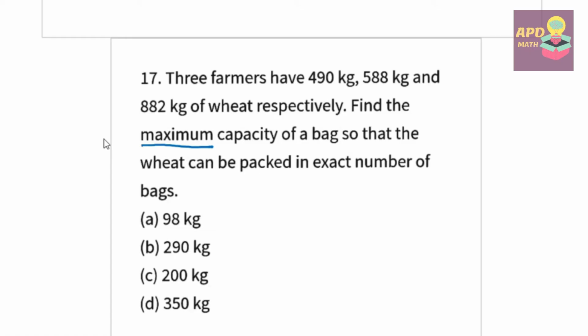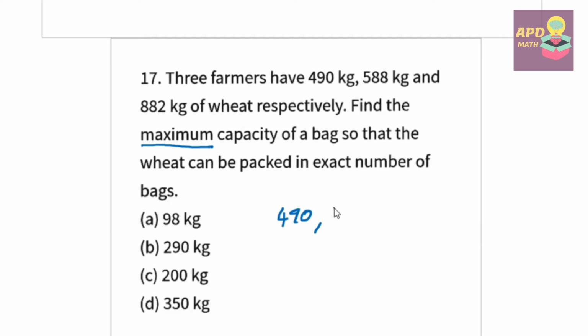Here we have to find the maximum capacity, so we have to find the HCF of 490 kg, 588 kg and 882 kg. Right? So we'll find the HCF.